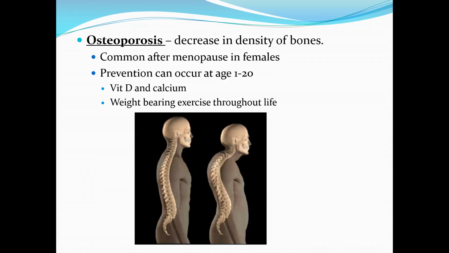All right, osteoporosis. Obviously, this is a decrease in the density of bones. Definitely more common after menopause, obviously in females. We generally try to prevent this by supplementation of vitamin D and calcium.